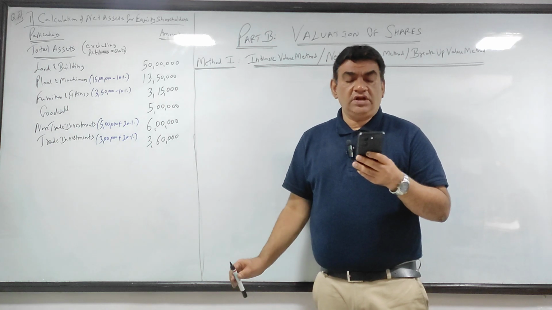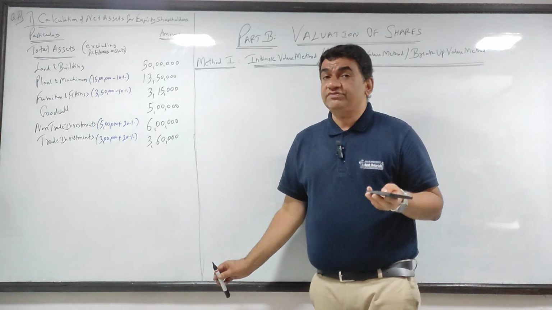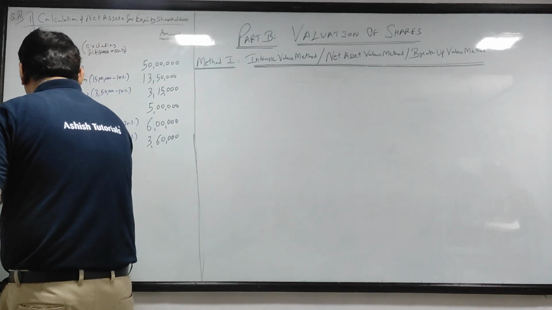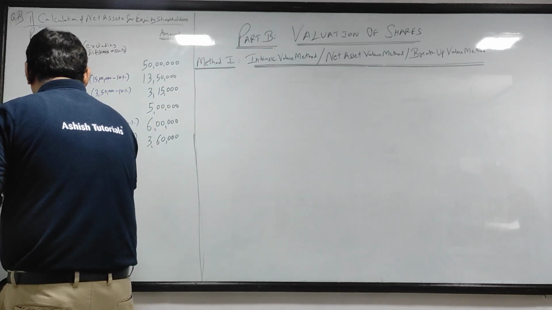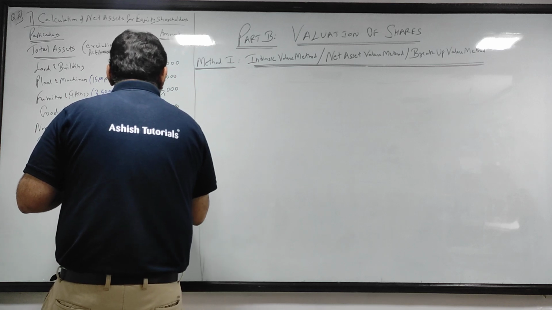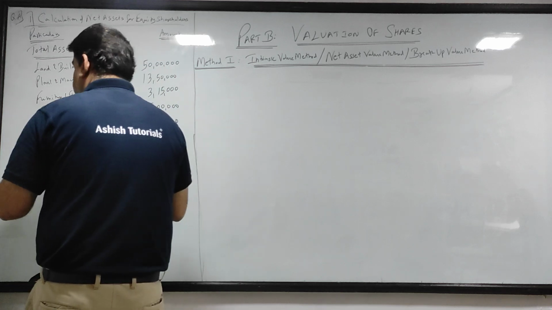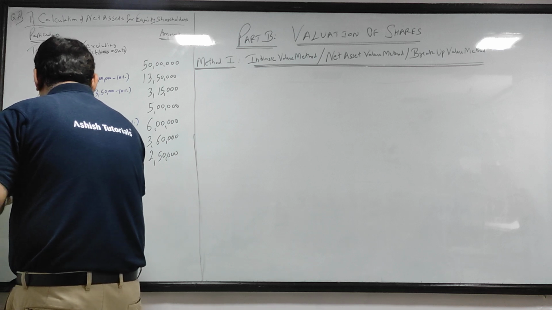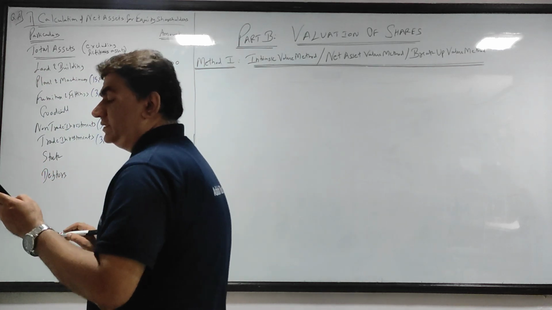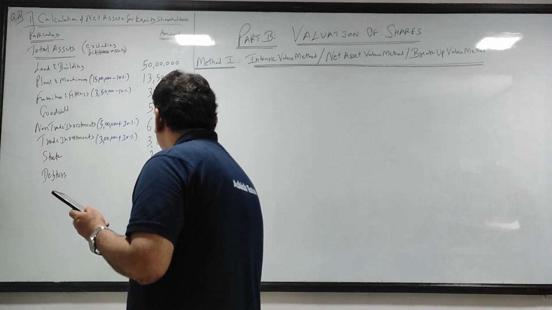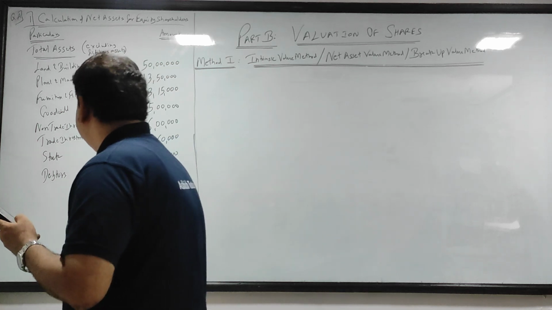Now see, stock, debtors, have they given you revised value? No. So if revised value not given, you will take the same value. So stock, same value 2,50,000. Debtors, same value 6,25,000.